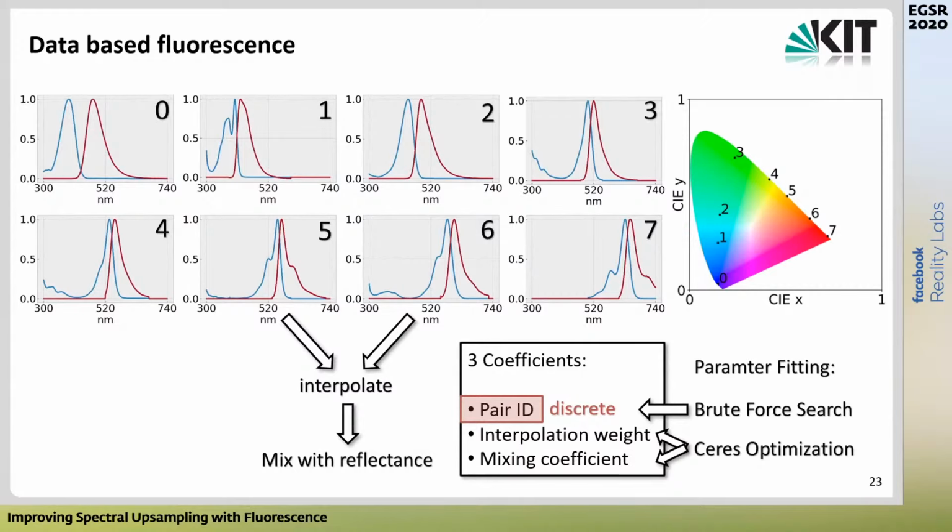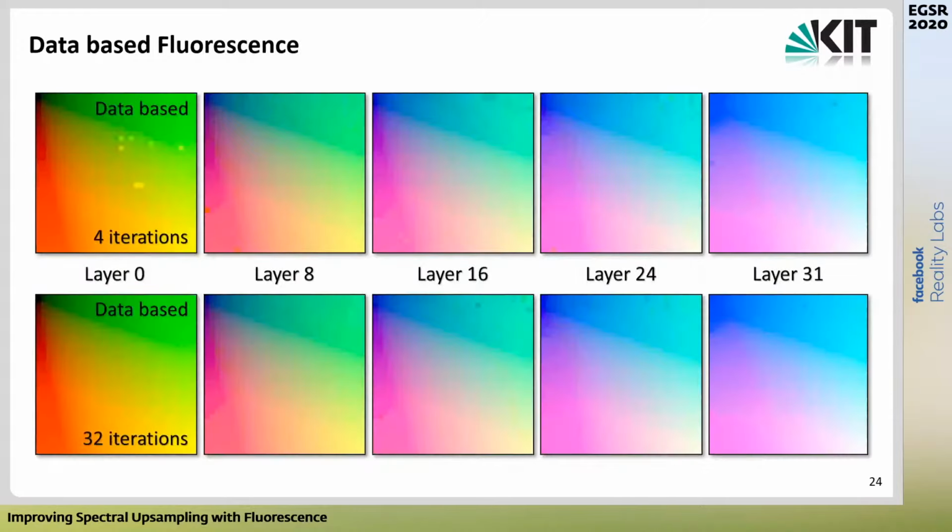So because of the more complex optimization process, after only 4 optimization iterations, the database model still has significant artifacts, which simply means that there are entries where the optimizer has not yet found a close enough fit. And with 32 iterations, most of these artifacts disappear.